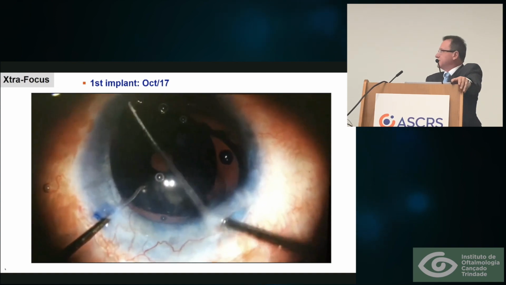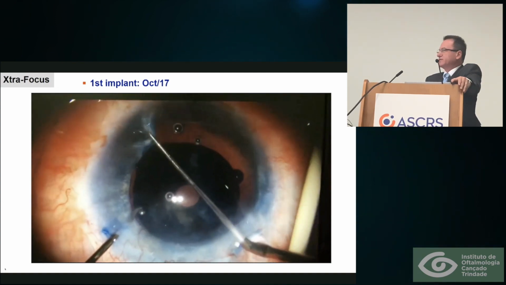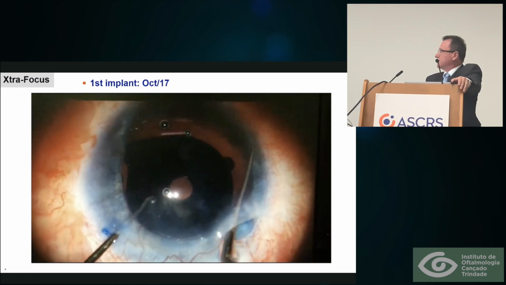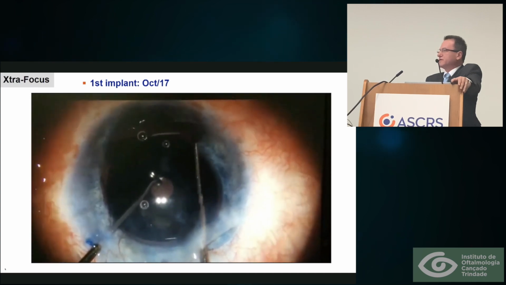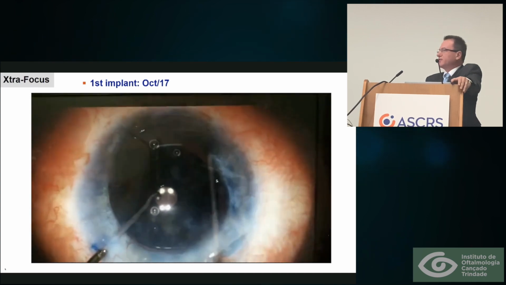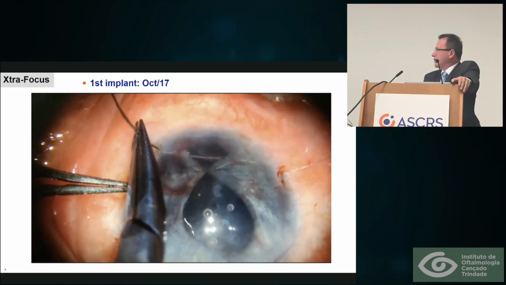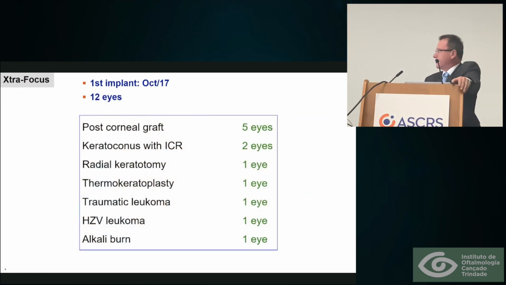In the first case, I didn't try to implant the extra focus in the bag because it's really difficult. So we stay with sulcus implantation, and then I performed the pupilloplasty because it was an inferior defect, and the patient had a lot of photophobia. And she was very, very happy.